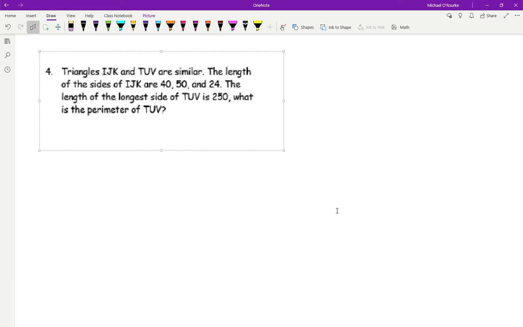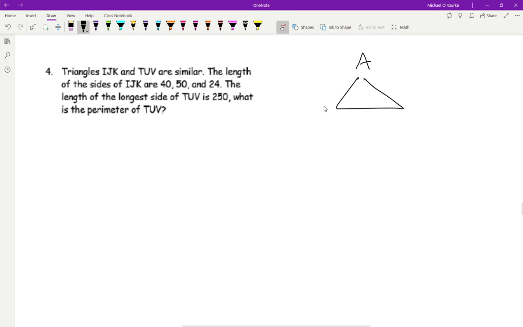Okay? So it says triangles IJK and TUV are similar. When they give you, if I told you I had triangle ABC, it just means I have a triangle and it's labeled A, B, C. That's all that means.